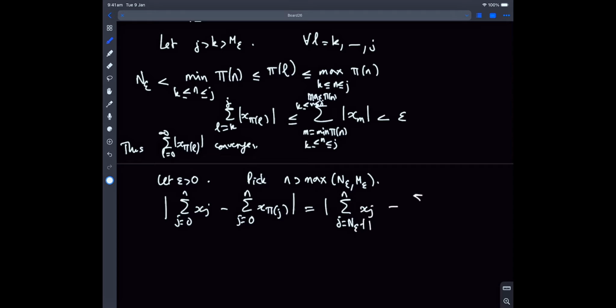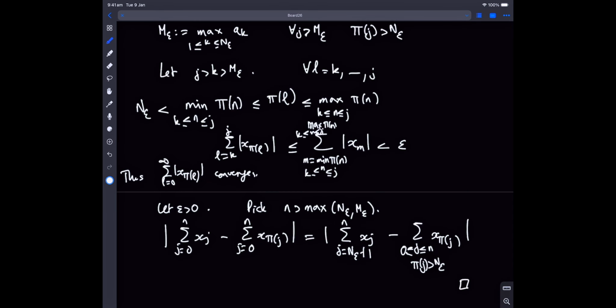And in the second sum, well, we've removed a certain number of elements, but we don't quite know which ones. So we have a sum where j runs between 0 and n, but it's restricted to those elements where π(j) is now above capital N_epsilon.